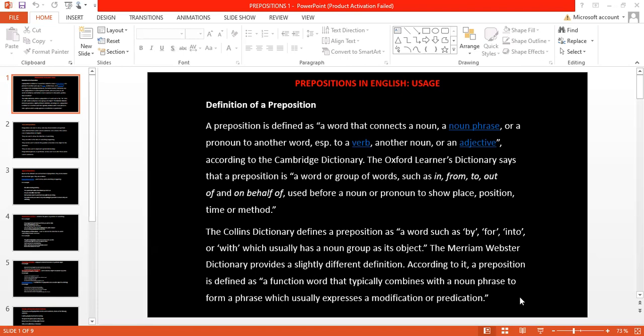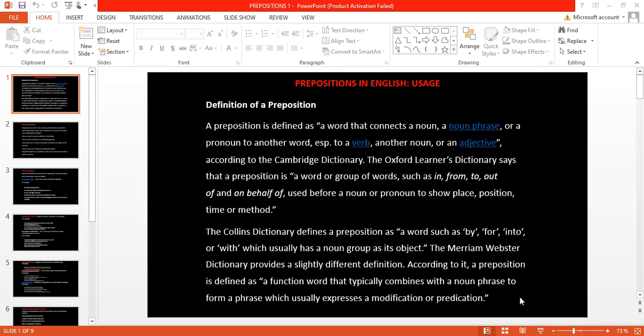A preposition from the word pre, all right, before position. So we say preposition, meaning before position, is a word that connects a noun phrase, or connects a pronoun to another word, especially to a verb, another noun, or an adjective.